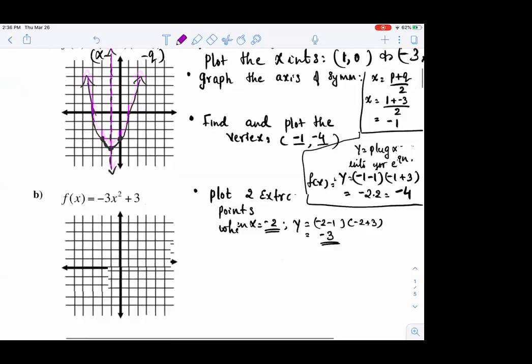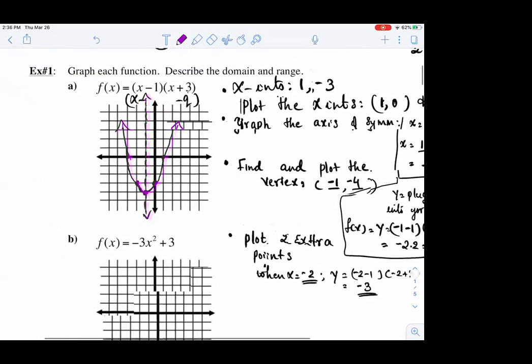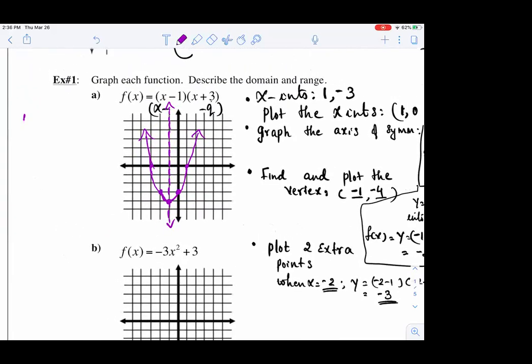Write the range. Domain, all reals. Correct. Domain is real numbers. Range is y is greater than or equal to -4. Correct.